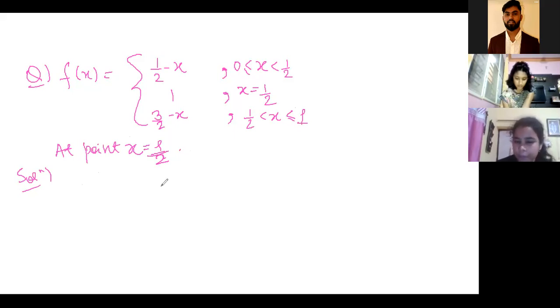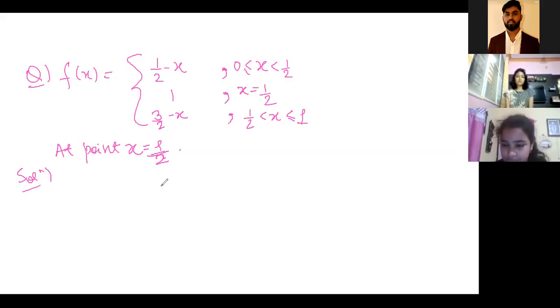Okay, so Shruti, unmute yourself. Yes, ma'am. So at what point do we need to find the continuity of the function? But I didn't get. At what value of x do we need to find the continuity of f(x), the function?